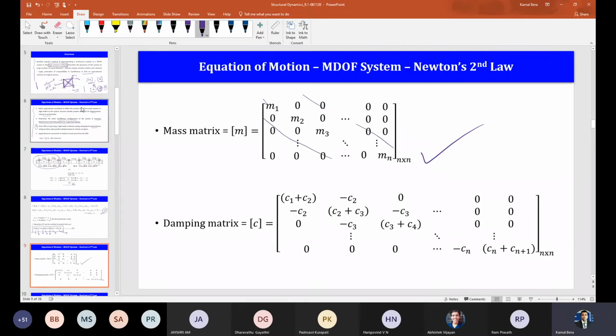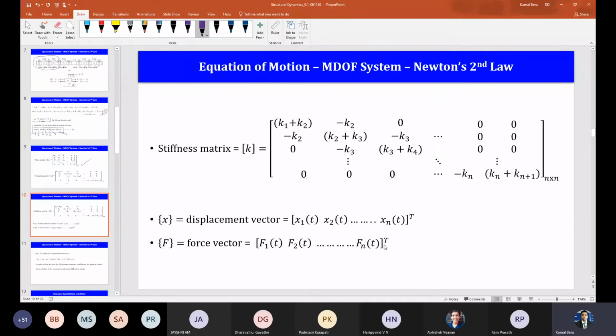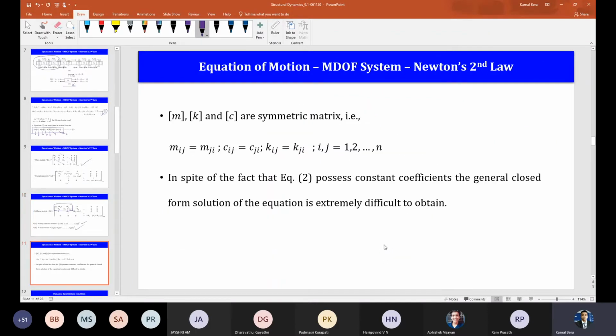But for the present system, it is a diagonal matrix, and it will be symmetric. Then the damping matrix is like this, and the stiffness matrix like this. You remember we discussed this last time, only for a 2 by 2 system. So it is just an extension, with the displacement vector and the force vector. Now obviously these are symmetric, so Mij equals Mji, Cij equals Cji, Kij equals Kji.